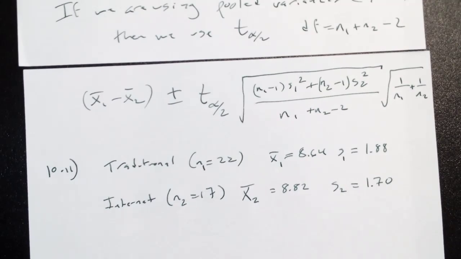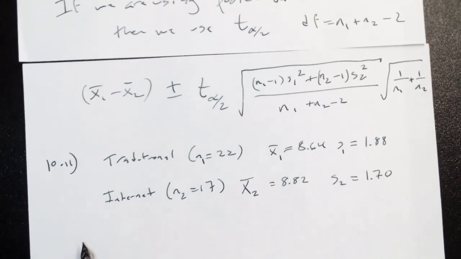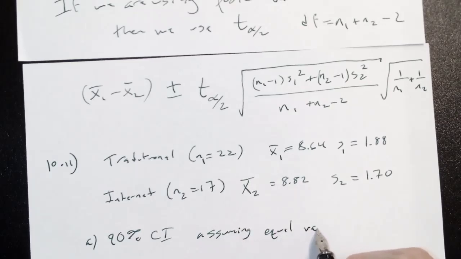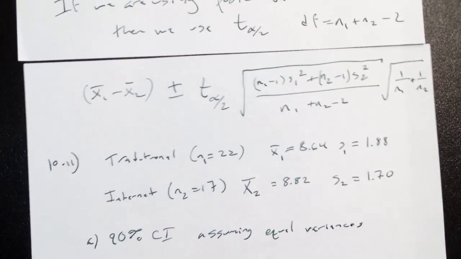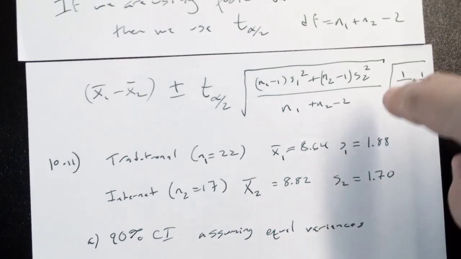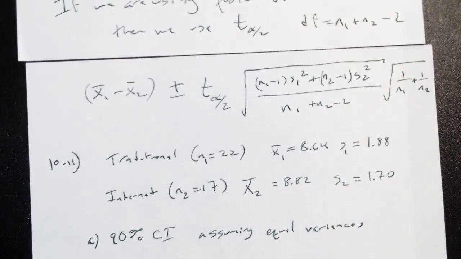Construct a 90% confidence interval with a true difference, assuming equal variances. Okay. Assuming equal variances would mean if I were to do this by hand, I'd use this formula.